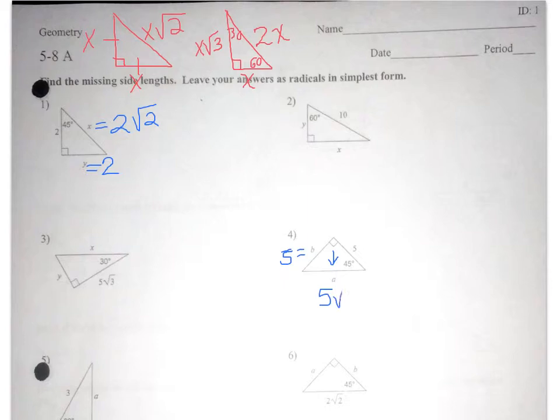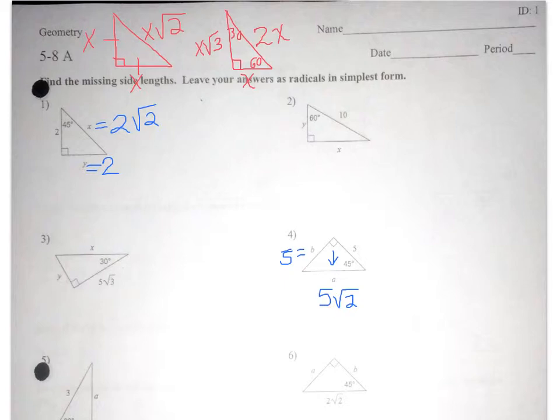So it's 5 square root of 2, okay? If you have a 45, 45, 90, both legs are the same length, and the hypotenuse is the leg times square root of 2. So in number 4 it's the same thing. Both legs are 5, and the hypotenuse is 5 square root of 2.